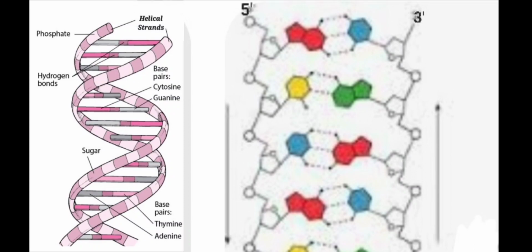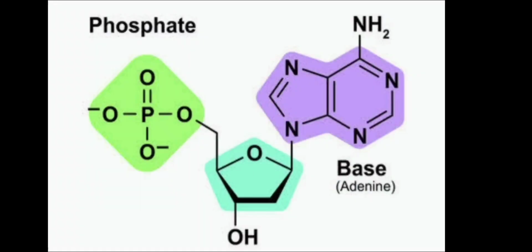Each strand is composed of repeating units called the nucleotide. Each nucleotide has three components: a pentose sugar, a phosphodiester bond, and a nitrogenous base.